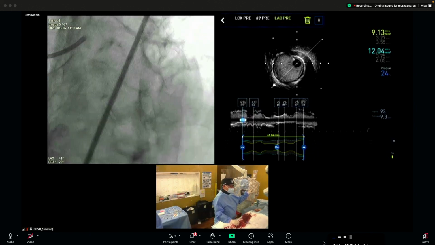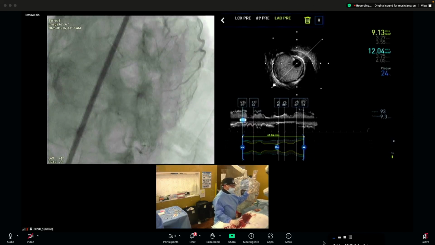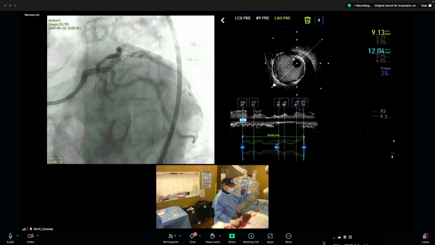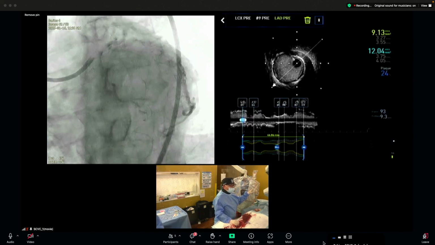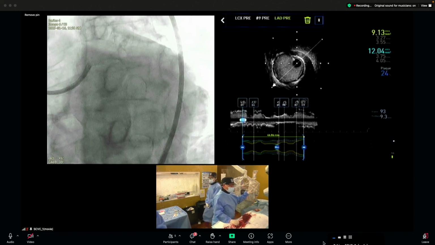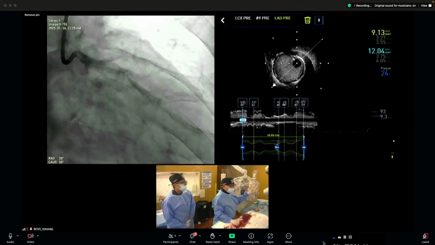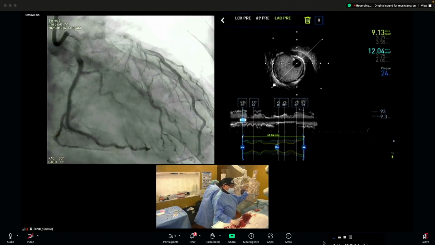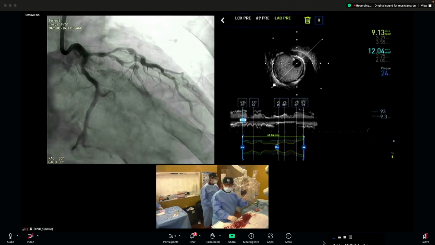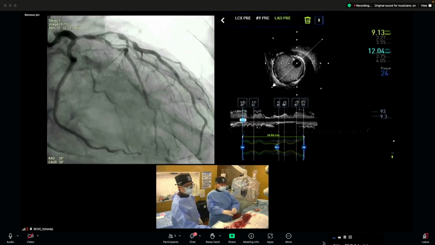Next is the LAO cranial view. We cannot find anything more. And this is the spider view. The spider view is very useful to rotablate the proximal part and to select the diagonal branch. This is the RAO caudal view. That's all. Then Kuramitsu Sensei, please explain today's IVUS image.